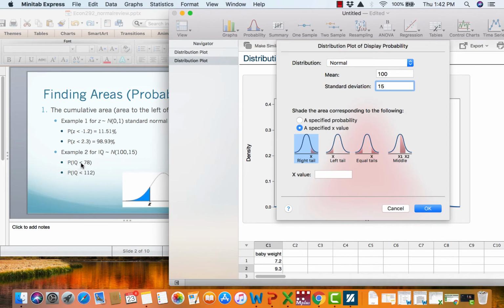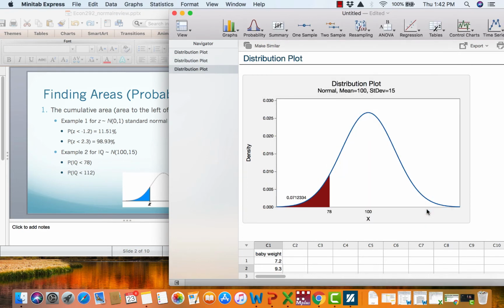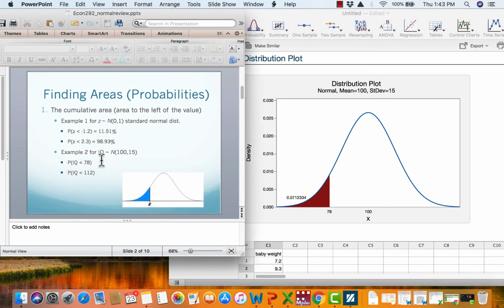We want less than 78, so we choose left tail and type in 78 as the respective IQ. All right, and our picture is correctly shaded to the left of 78. All right, and we get our decimal that we need to convert to a percent rounded to the hundredth, and that's going to be 7.12%. All right, so we come over here and write 7.12%.